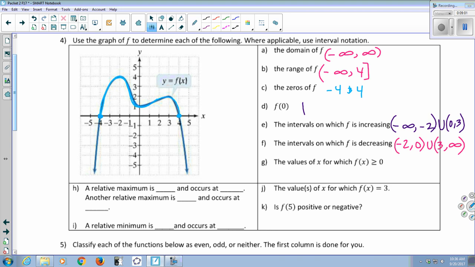The y values are positive. So it goes from here, -4, all the way until here at 4. Everywhere in between, the y values are positive or 0. So I'm going to put -4 to 4. That's where they're positive. They are equal to 0 on the ends, and I'm asking about or equal to 0, so I include the -4 and the 4.